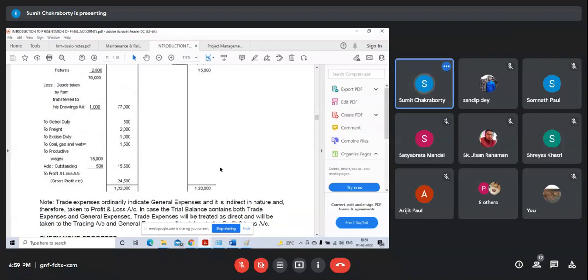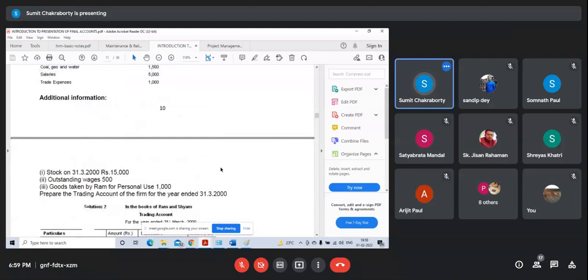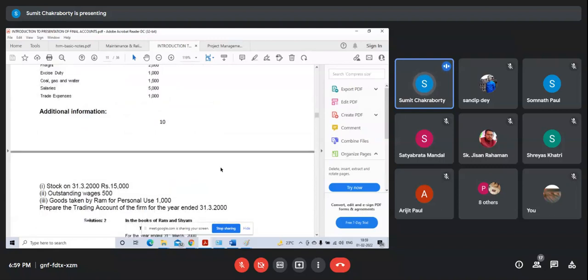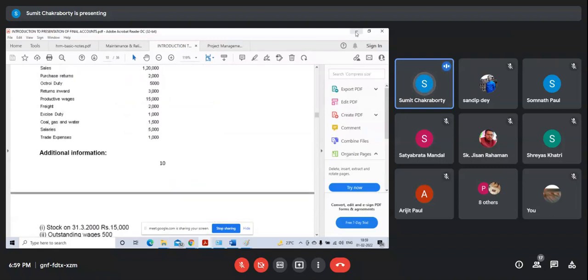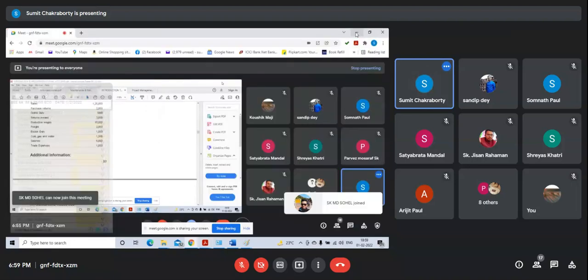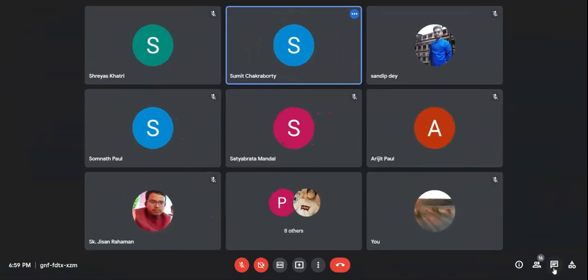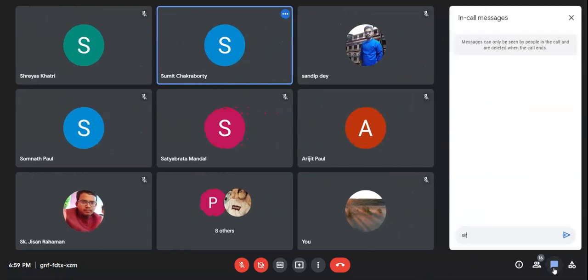So today, up to trading account. Try more illustrations on presentation of final accounts and try to understand with the illustration. And one day we'll do the math on the board after I complete trading account, profit and loss account, and balance sheet.